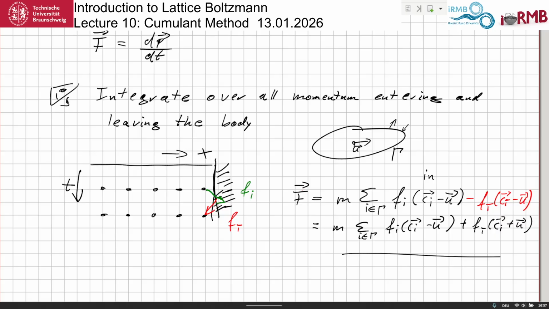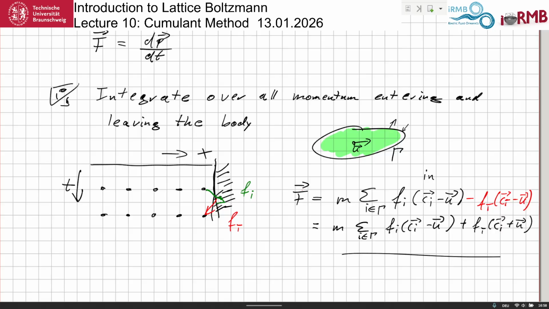Suppose this here is your body. I mean, the body you are interested in, not your physical body. If you are interested in something like the torque, you can do this the same way, but you have to integrate also with the distance to the center, and so on.